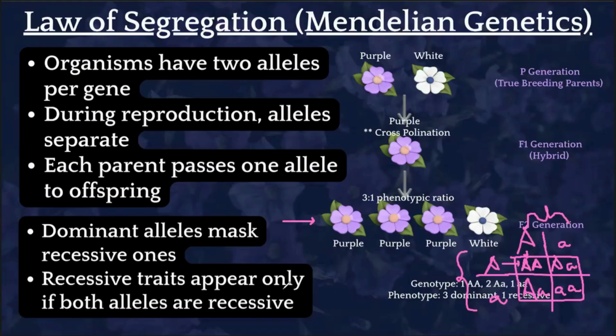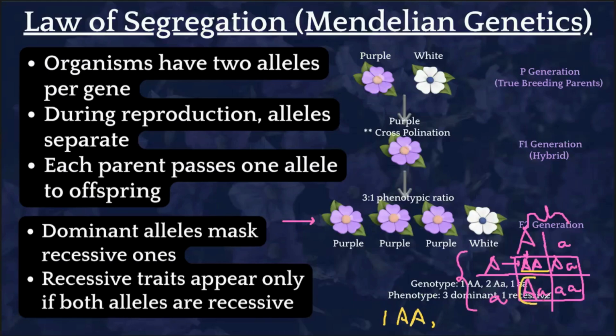So phenotypically, we know that's going to be different than genotypically. Let's count the genotypes here. I'm going to use a little different color here. We have 1 big A, big A. I don't see any more of those in the offspring.